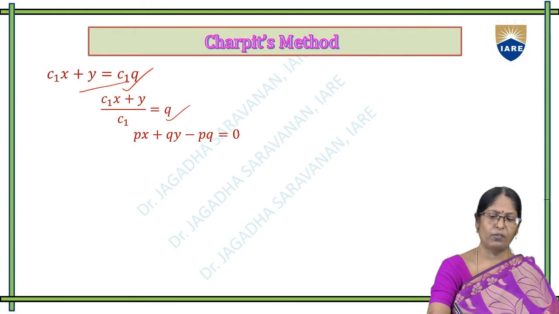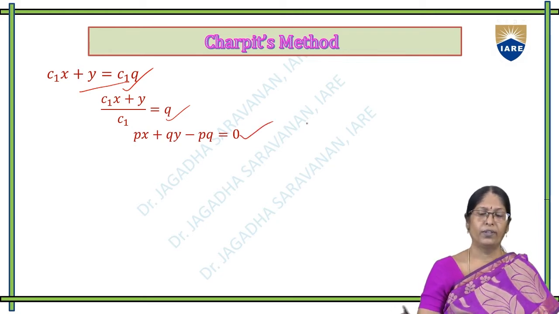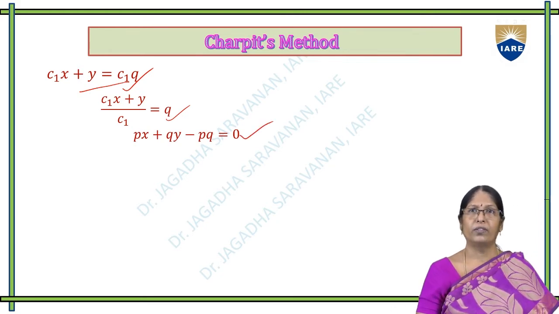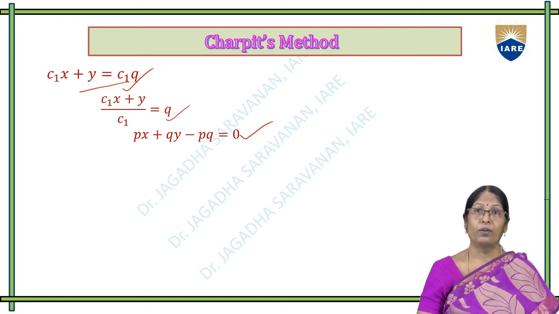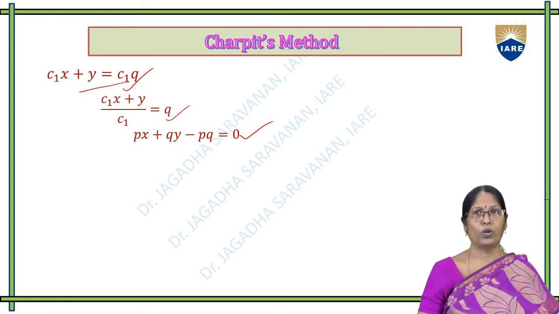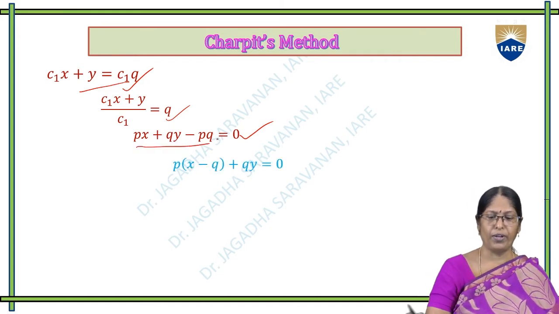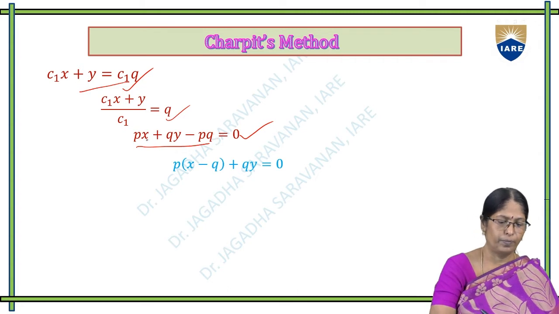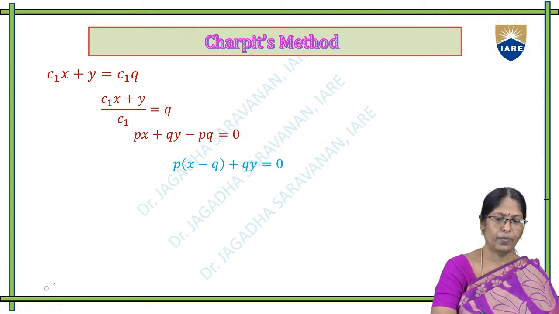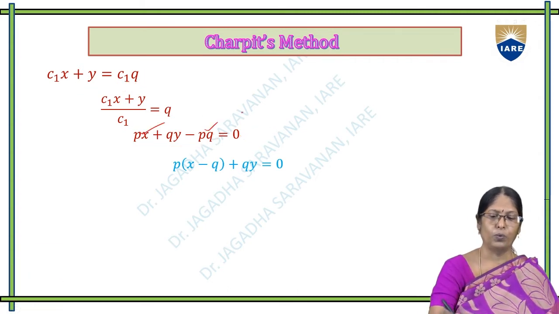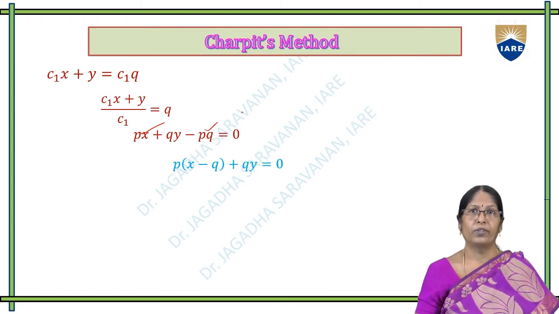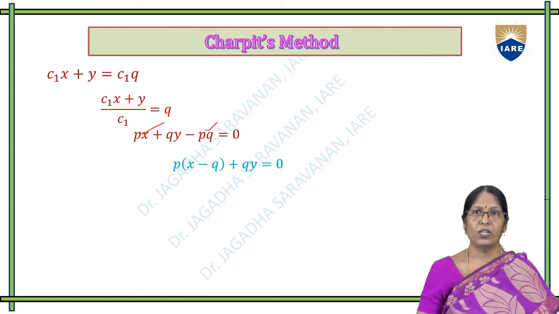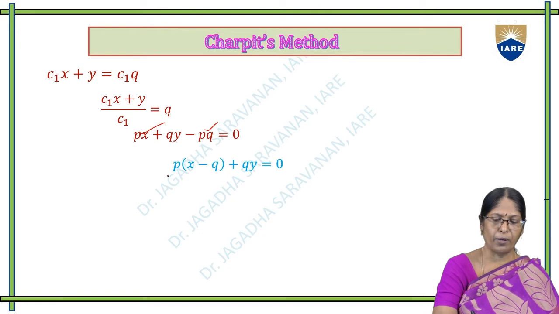Now, this is our first equation. Just now we obtained the value of q. With the aid of that, we will find p. So now, in this given equation, where I put the ticks, p is common, so we have taken p.